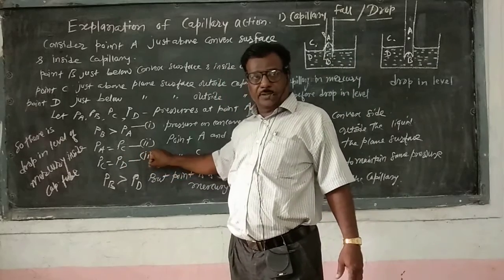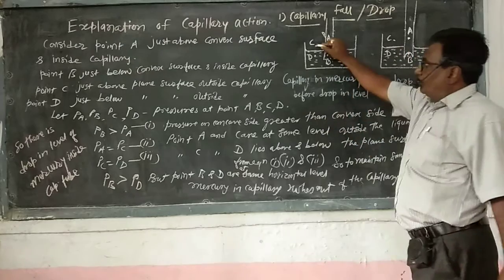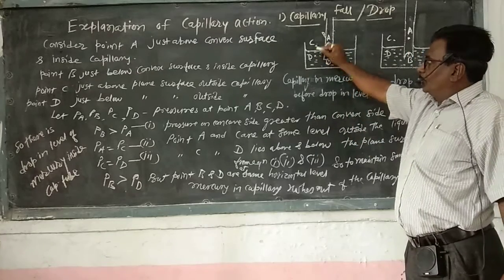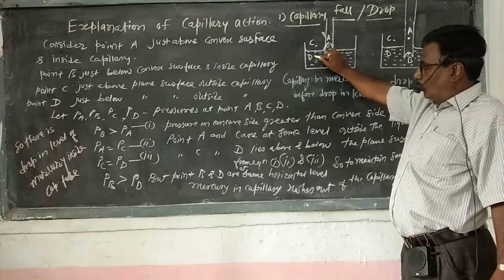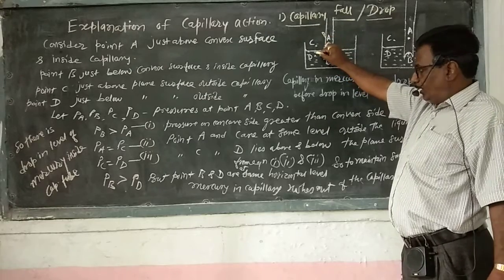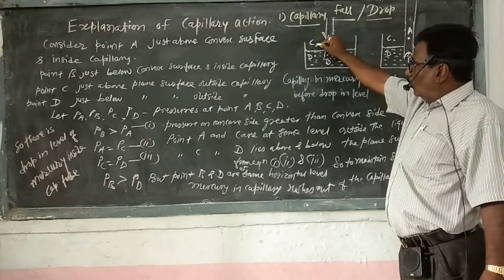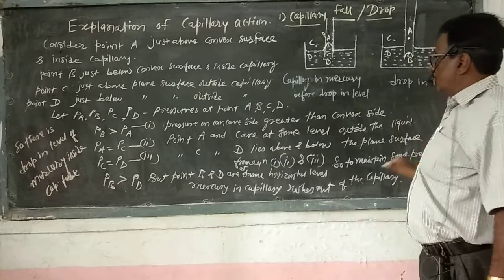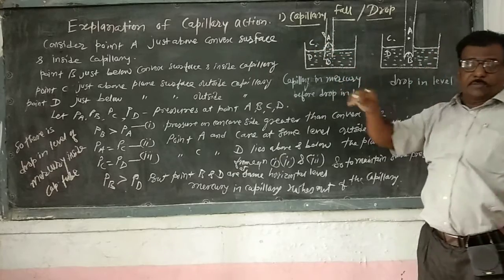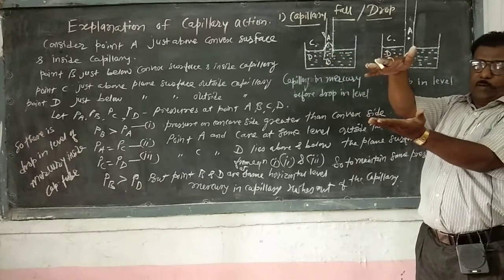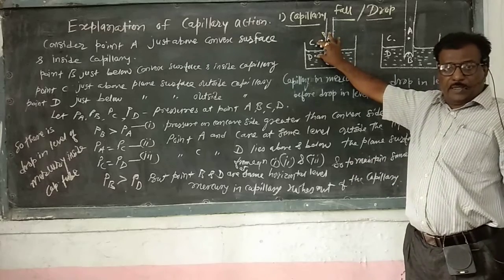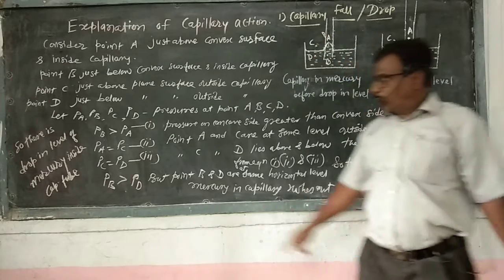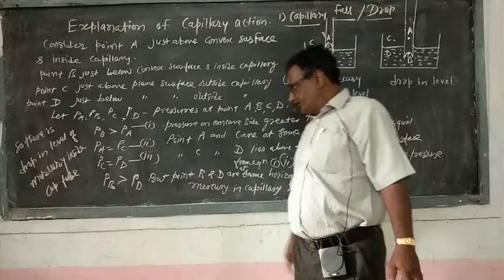Call this equation number 3. The pressure at point C is equal to the pressure at point D because points C and D lie above and below the plane surface. C is above, D is below, so the same pressure is obtained for both points.